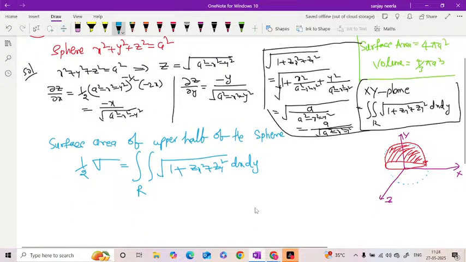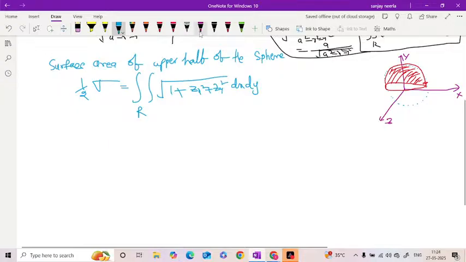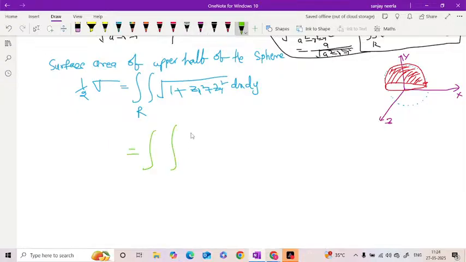After substituting all this, the double integral has the integrand a by under root of a square minus x square minus y square into dx into dy.